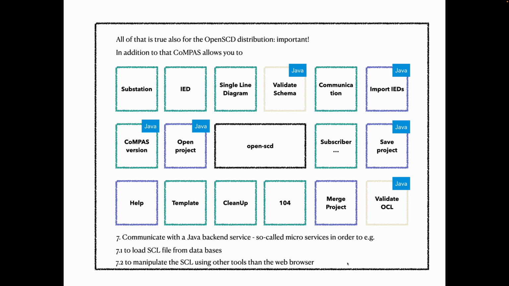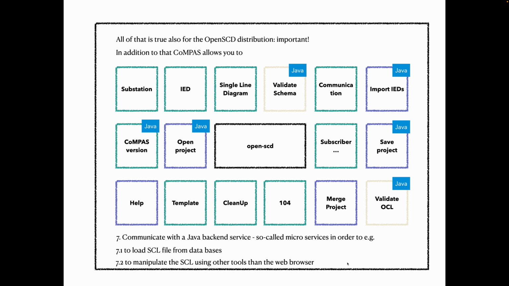Plugins that are allocated in OpenSCD are manipulating their SCL files using the browser as well, using the document object model in the browser. And in the case of CoMPAS, there are some services that are doing that using Java in the backend.